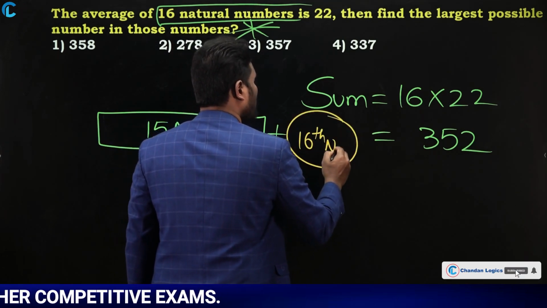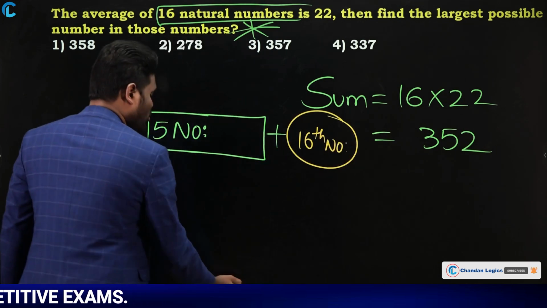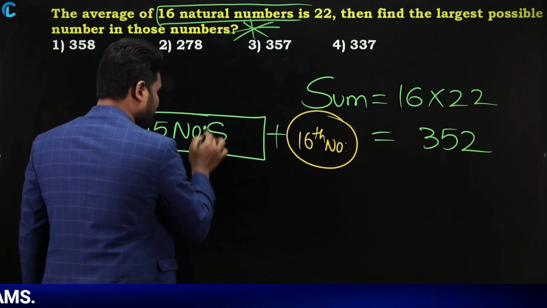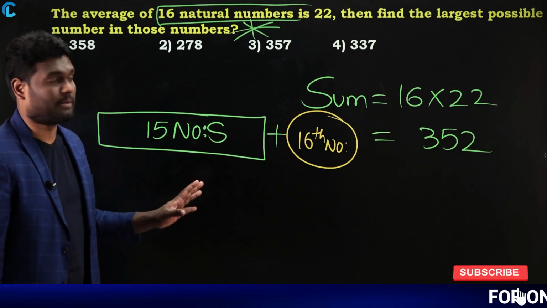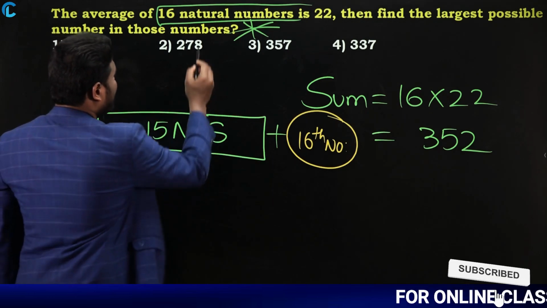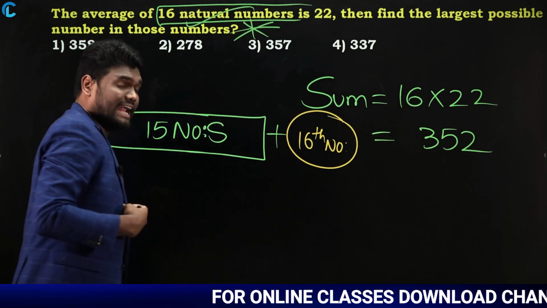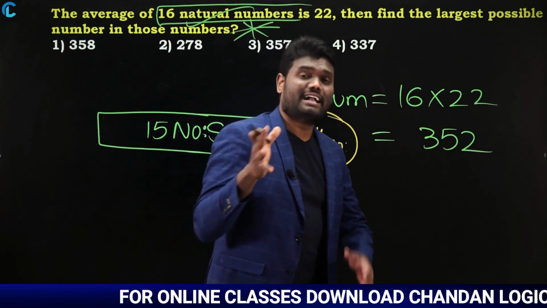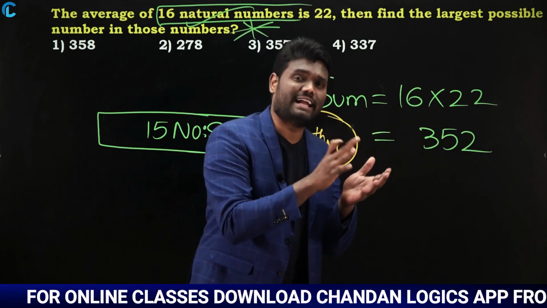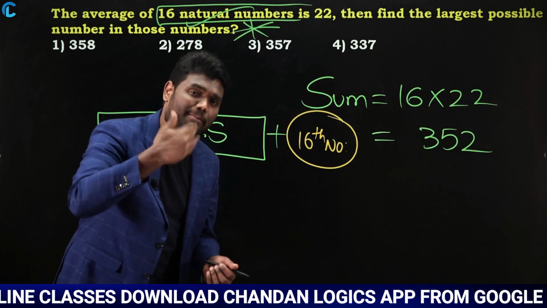When I make these 15 numbers minimum, the 16th number is going to be maximum. If you observe clearly, it is mentioned natural numbers. So 16 natural numbers. It is not mentioned as different numbers. As it is not mentioned as different numbers, I can take the same repeated number.